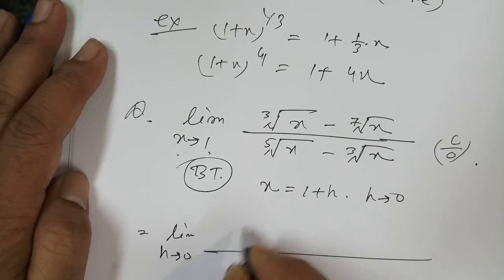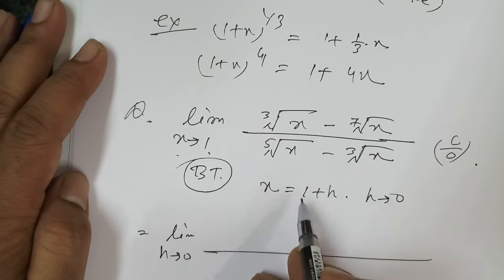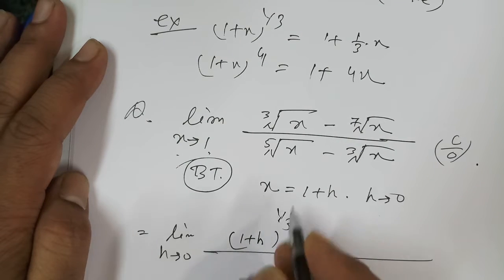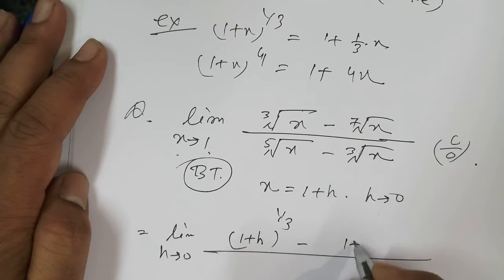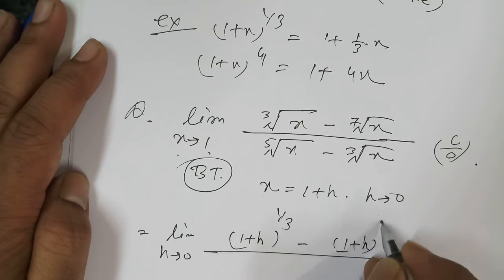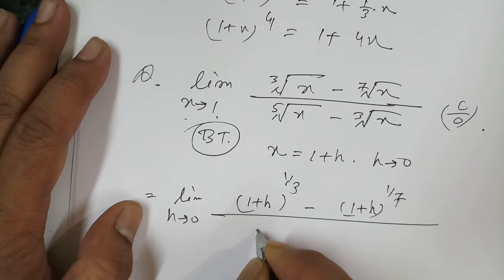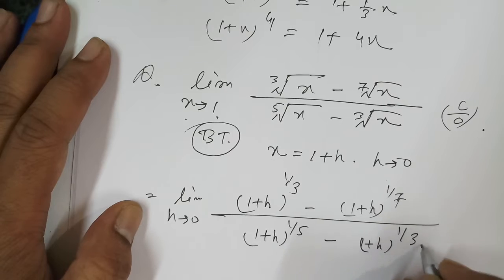Cube root of x: in the place of x, the value of x is 1 plus h, so this will be (1 plus h) whole power 1/3, because x power 1/3. 7th root of x means x power 1/7, so (1 plus h) whole power 1 by 7. And this will be (1 plus h) whole power 1 by 5 minus (1 plus h) whole power 1 by 3.